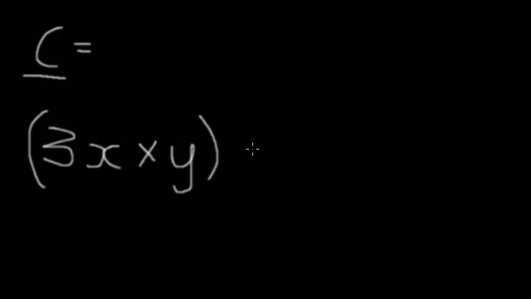So for example, we have here 3x times y in brackets, multiplied by 4, for example. So then we can just turn it around and put it there in the beginning.